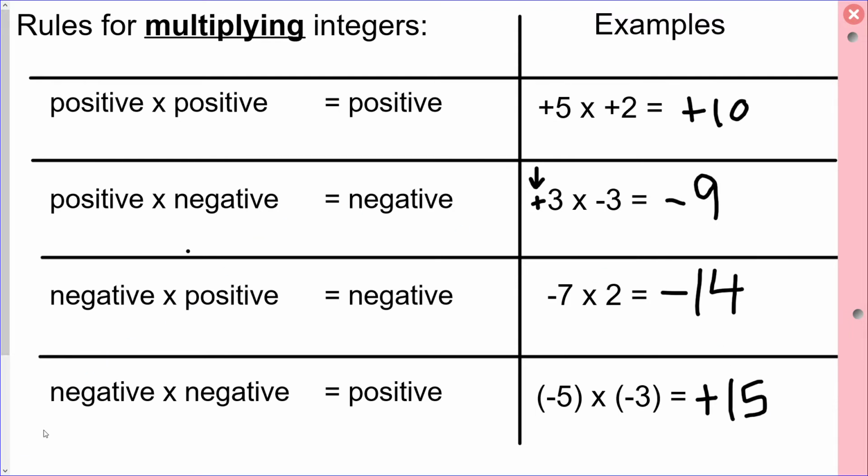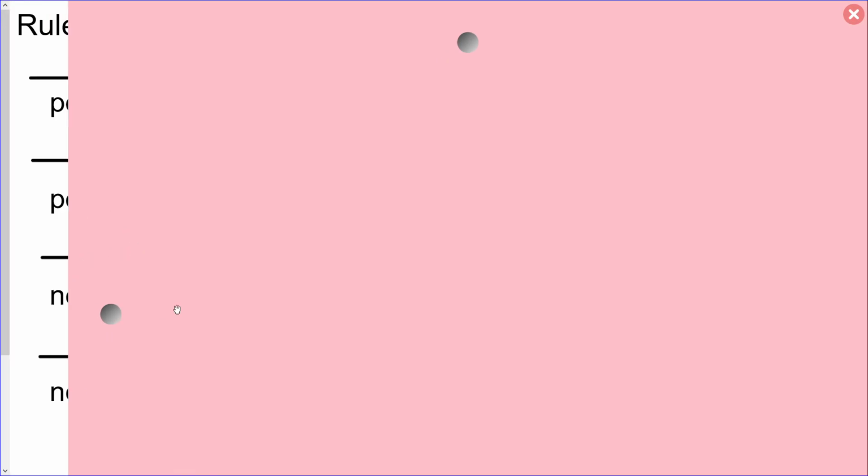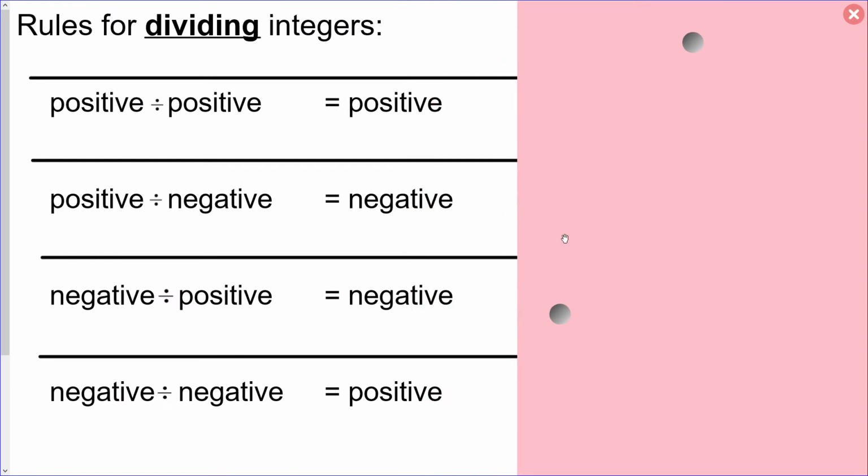Now, on this next slide, we have rules for dividing. Here's the thing you'll probably notice. All the rules are the same. So feel free to reuse the chart you made for multiplying integers because it's all the same kind of result. Positive divided by positive gets you a positive answer.